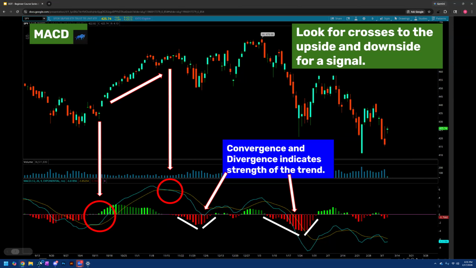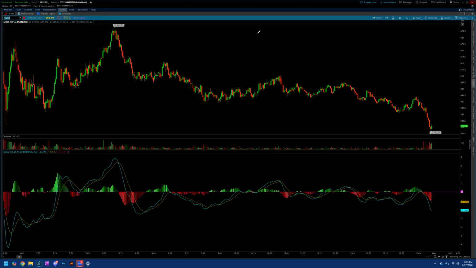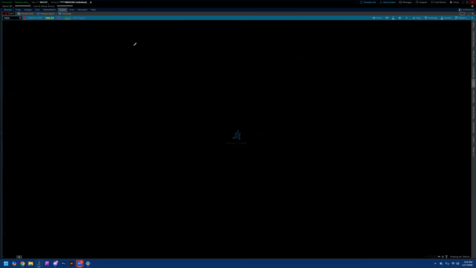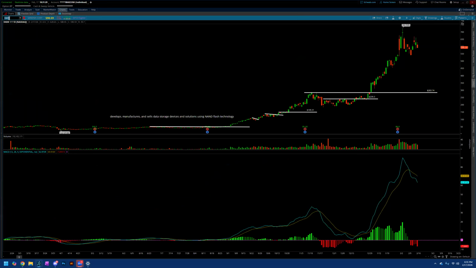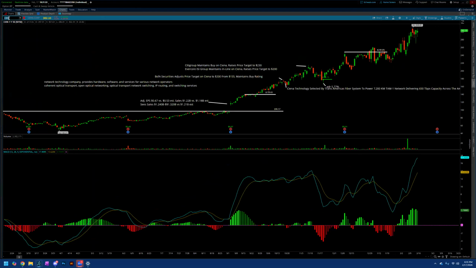I think there's plenty of really strong themes and strong stocks, like memory and optical names: SanDisk, going back to the daily here, SanDisk, LITE, CIEN. There's plenty of really strong stocks. It's just that they're not at the point where I can really enter them.